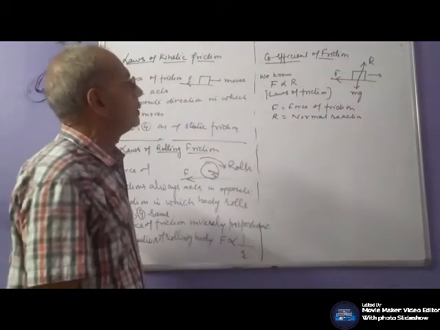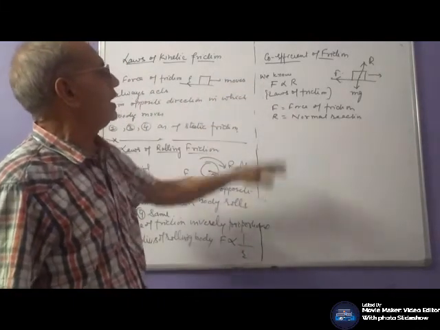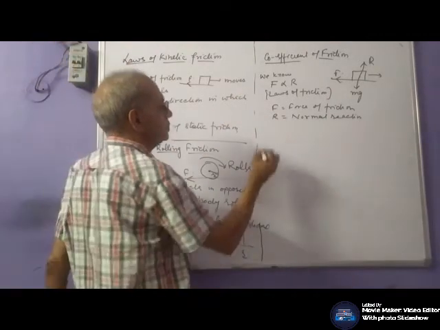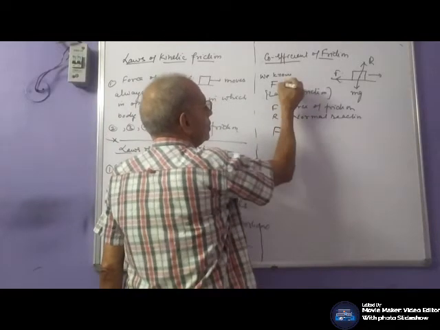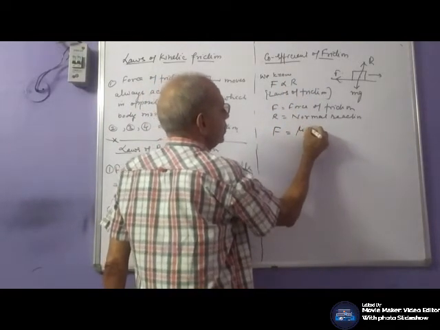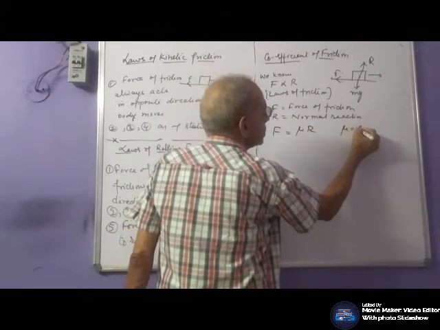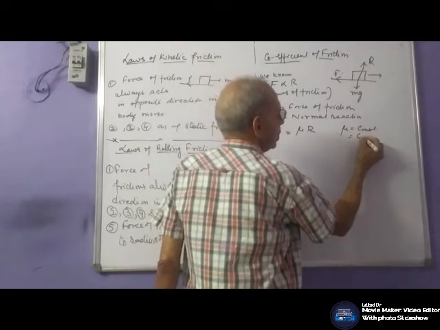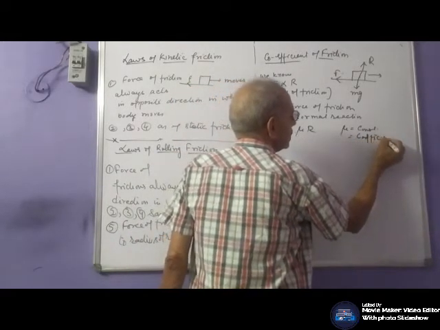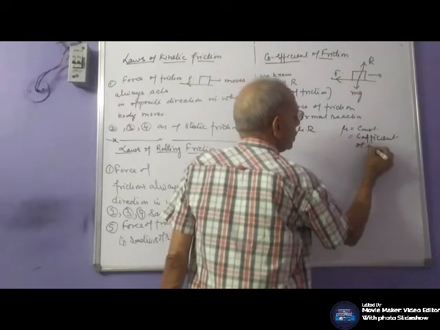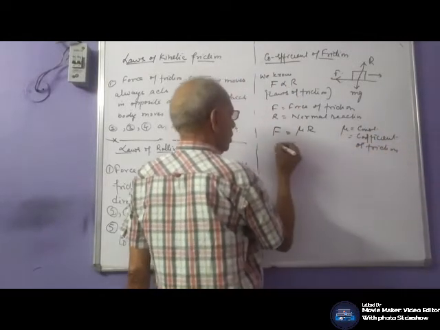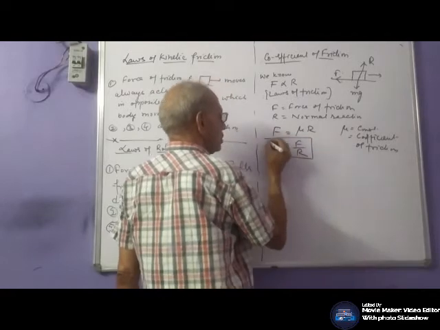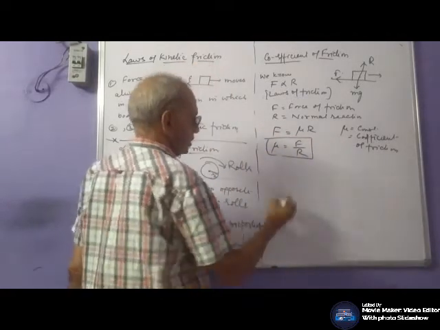This was fourth law. Whether static, whether kinetic friction, whether rolling friction. We know force of friction is this, or F. Instead of proportionality, some constant. This mu is constant, called coefficient of friction, or mu equals F by R. This is definition of coefficient of friction.